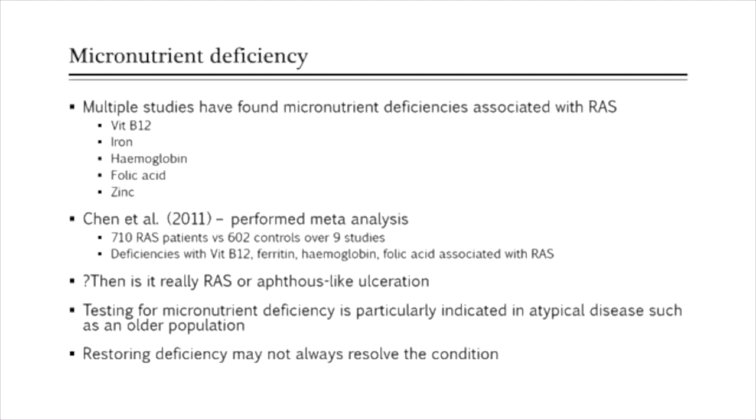Because the definition of RAS is that the cause is kind of unknown. If you actually know that it is a hematinic deficiency related ulceration, doesn't that just become a hematinic deficiency related ulceration as opposed to RAS? So maybe they're very separate populations with different conditions.